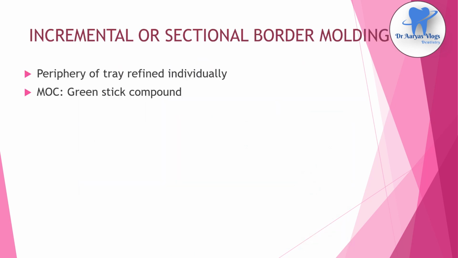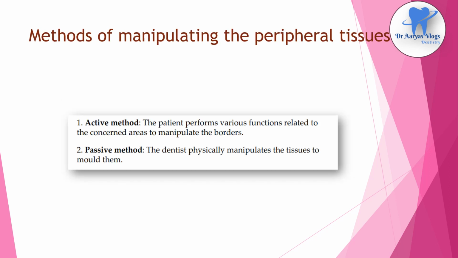Then coming to the incremental or sectional border molding. It is actually using low fusing compound. This is a procedure where the portions of the periphery of the tray are refined individually. Here the material of choice is green stick compound, and in this case, the spacer is generally removed just before the impression making.